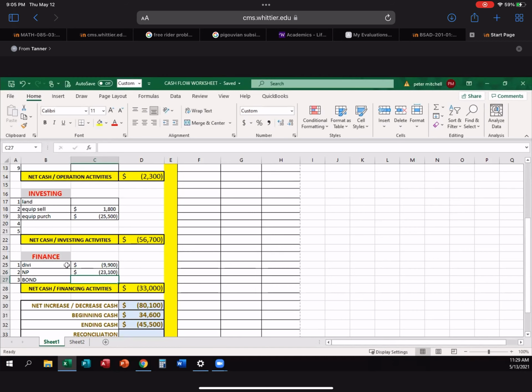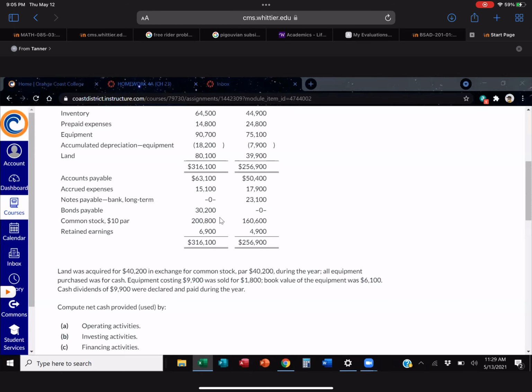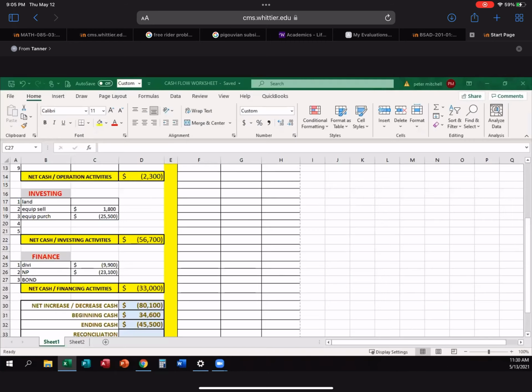And what about the bond? The bonds payable went from 0 to 3,200, which means we got money from people. We got cash, so that's a plus 3,200. Liability went up. Again, long term, that goes under finance, $3,200. Nice. We will add here 30,200. That's looking good. We're getting there.